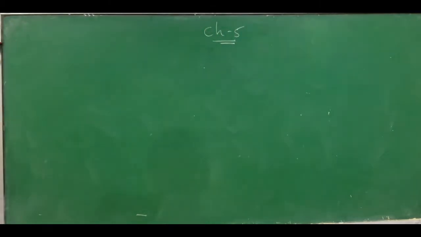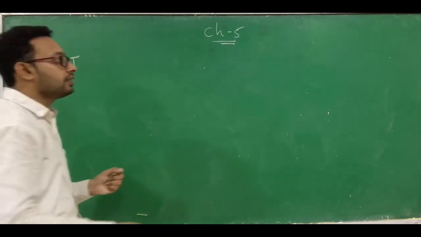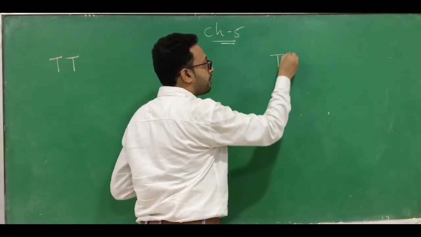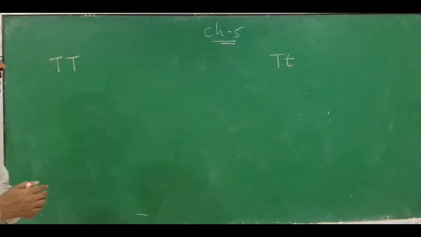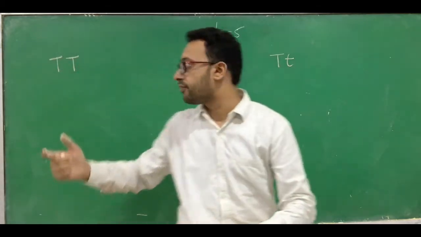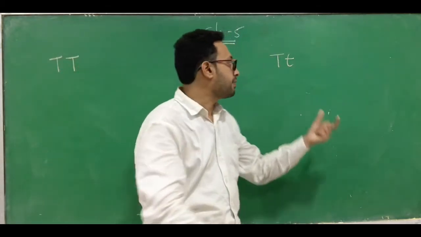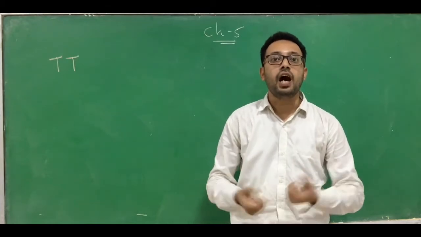So I will start that. There are two possibilities. It may be capital T T, that is tall, or the other possibility is capital T small t. These are the two possibilities. The meaning of both is tall, but which kind of gene is present in it? How can I come to know that?